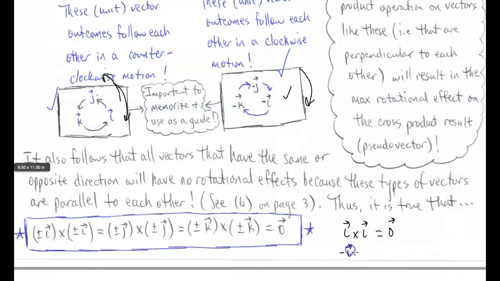If I was to take the opposite of vector I and cross it with I, then of course these are going to be pointing in opposite directions, and again it should end up being the 0 vector. So that holds for plus or minus I cross I, plus or minus J cross J, or plus or minus K cross K. Okay, and so we know in all these instances we'll end up getting the 0 vector.